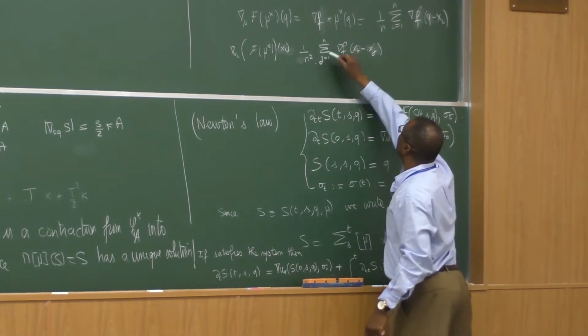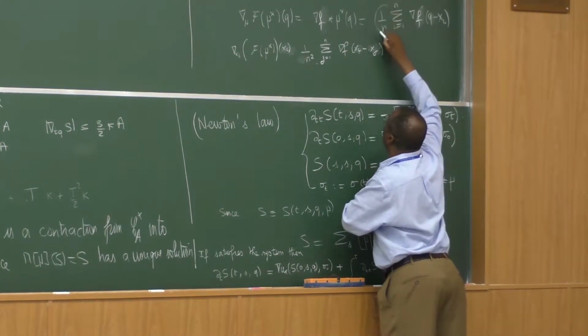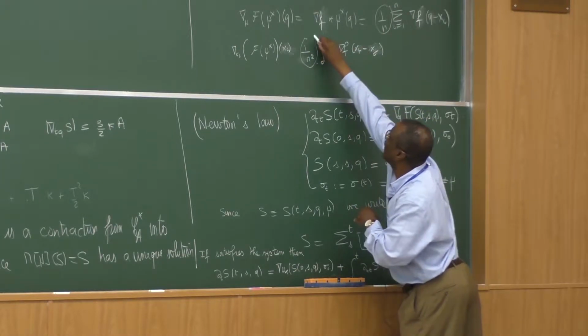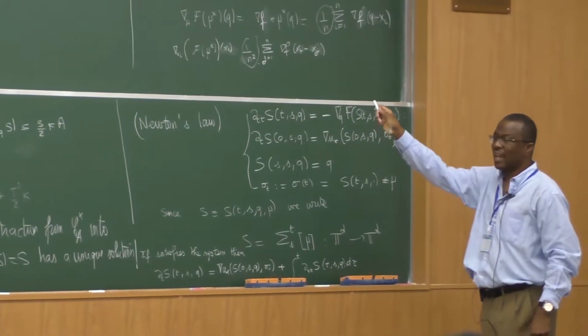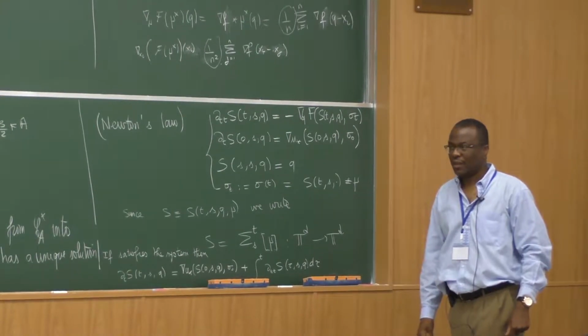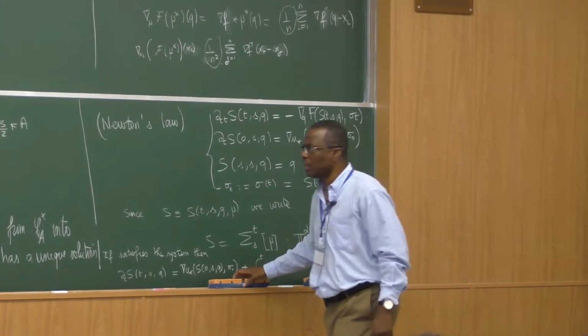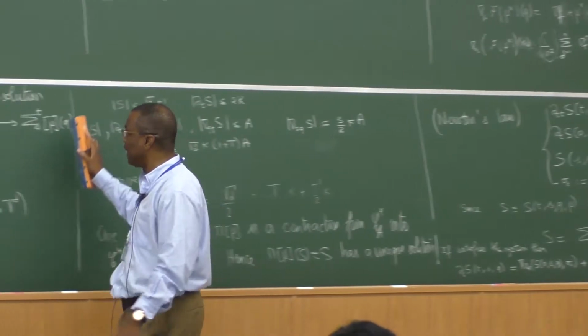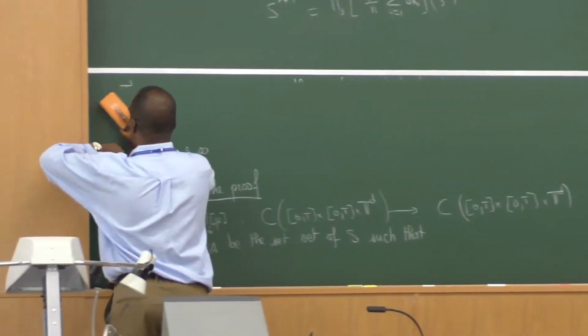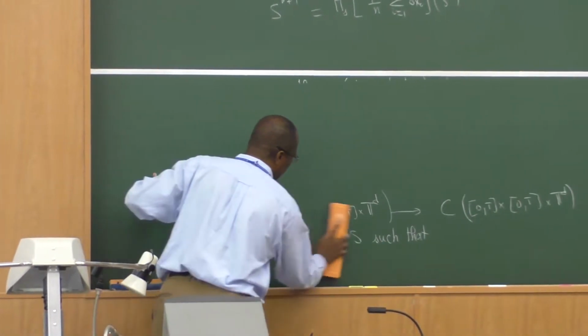Now compare this to that. Here I have a coefficient 1 over n, and there I have a coefficient n squared. This is not an accident. You can prove rigorously that there is a relation between the Wasserstein gradient and the classical gradient.